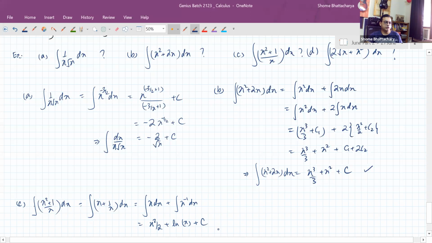Now you can always check your answer yourself by doing the differentiation test: whatever answer you get as the antiderivative, if you differentiate it, you should get the original function which you were integrating. So in that sense, you can self-check each of your solutions.